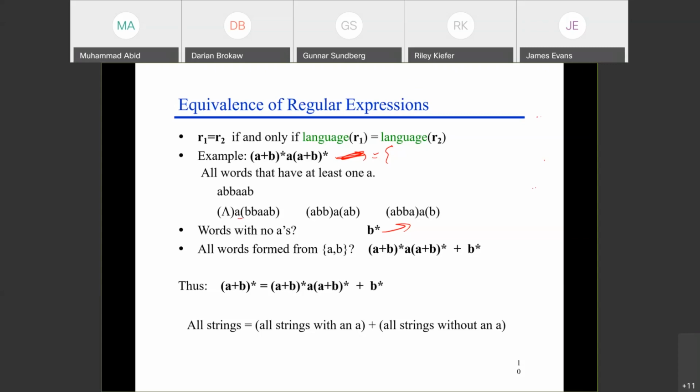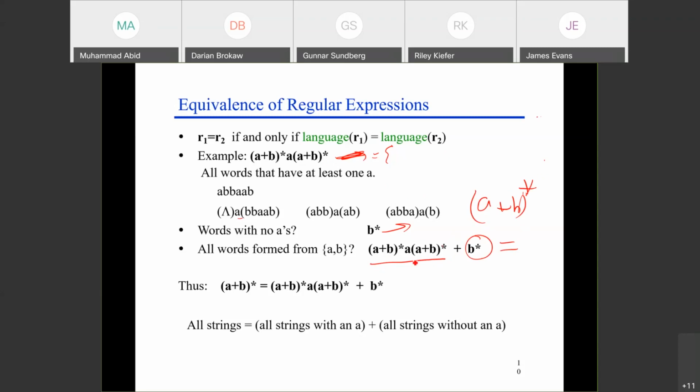Yes, so now it means that if you add B star to this regular expression, look at this, I write the same thing here, and B star, this is equal to what? This is equal to (A plus B) whole star. Make sense?